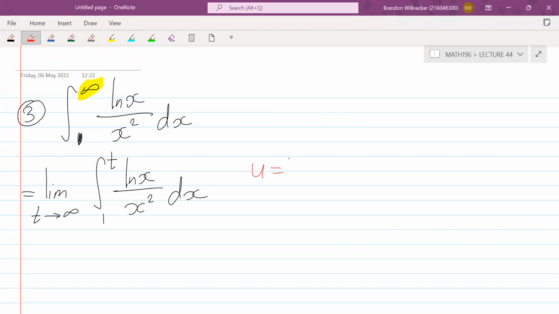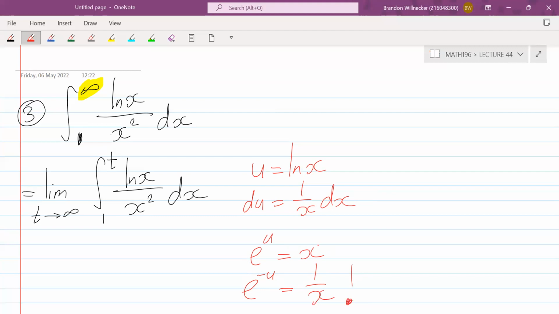So if u is equal to the natural log of x, then du is going to be 1 over x dx. But we still need that extra factor of 1 over x. So e to the u is going to be x. So e to the minus u is 1 over x. So that gives us everything we need now. So this becomes the limit as t goes to infinity of the integral.